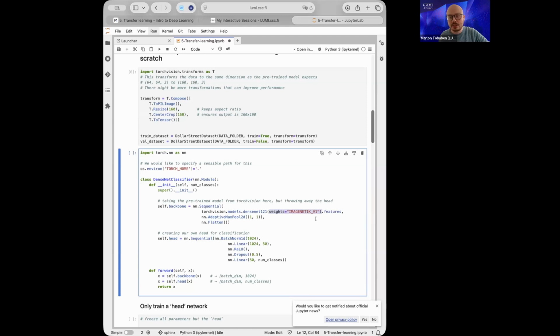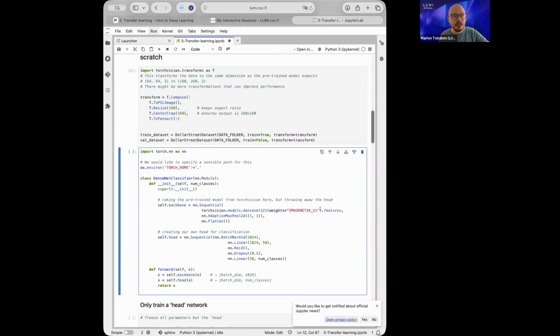So we only want this dot features here, and in Keras it's slightly different, which just means we take a part of this big model. Then we build a classification layer on top.